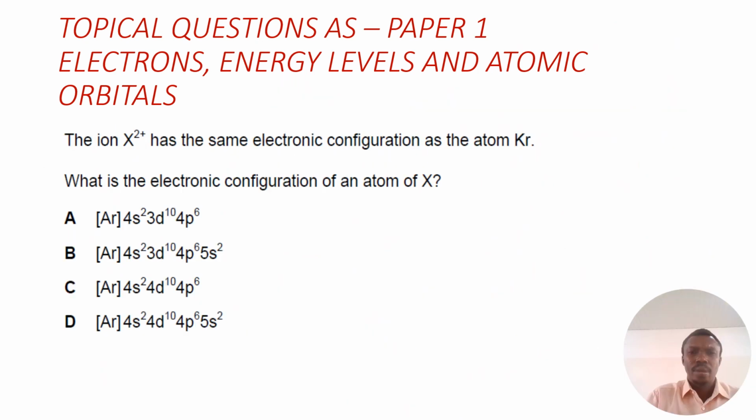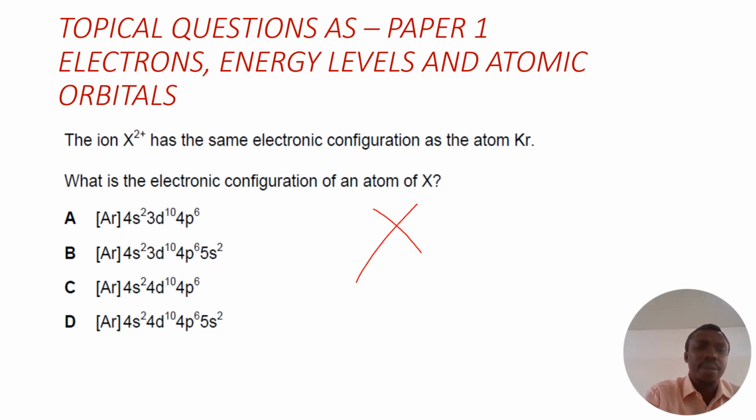So the next question is, the ion X2 plus has the same electronic configuration as the atom krypton. What is the electronic configuration of an atom of X? So krypton, the atomic number for krypton is 36. So if it has the same electronic configuration, that means the number of electrons is 36.